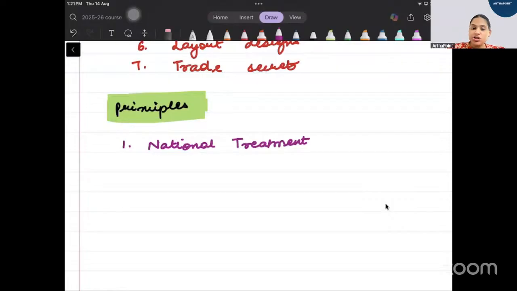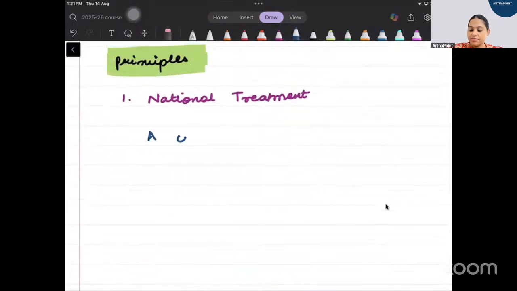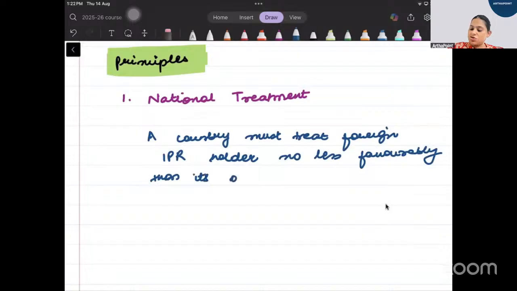So national treatment says that a country must treat foreign IPR holders no less favorably than its own nationals.